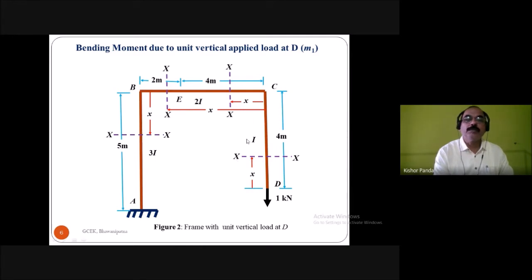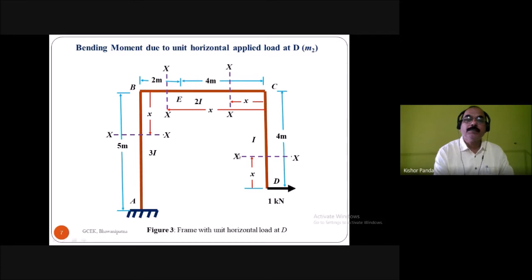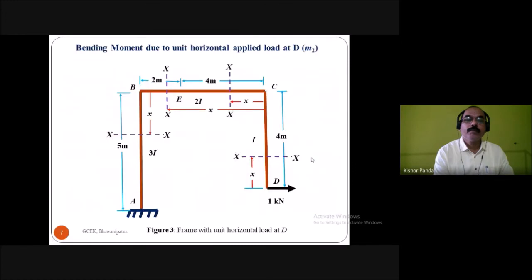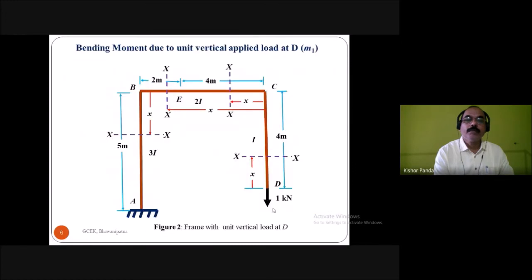Let us put these moments in a table. So M1 is equal to 0 for DC, minus x for C, minus x for EB, and for BA the moment is 1 into the perpendicular distance.